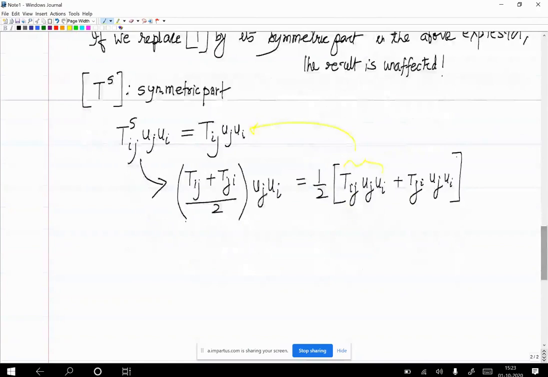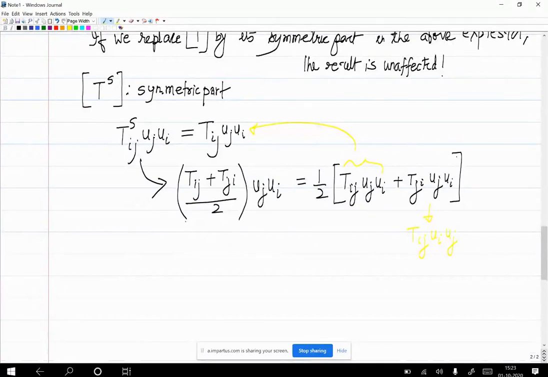So in the second expression, when you interchange i and j, because they are dummy indices, no? So you can interchange i and j. So this becomes Tij Ui Uj.